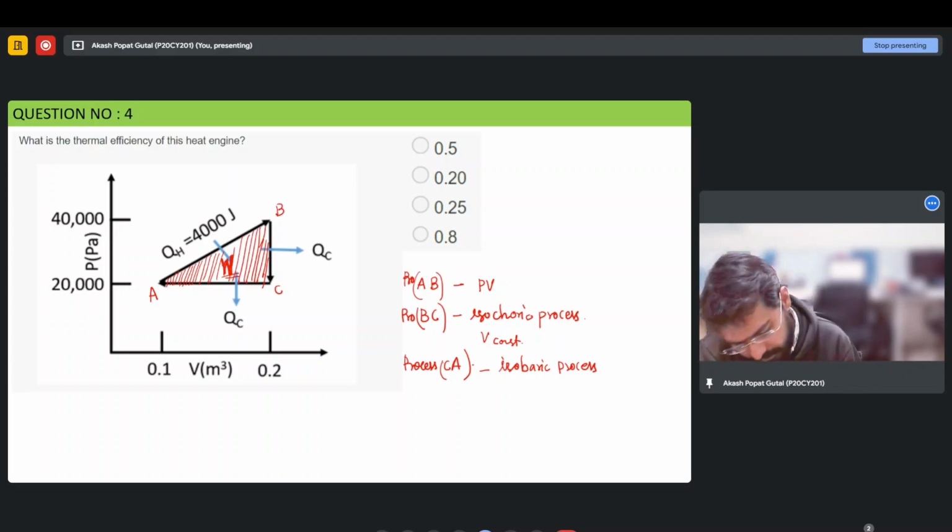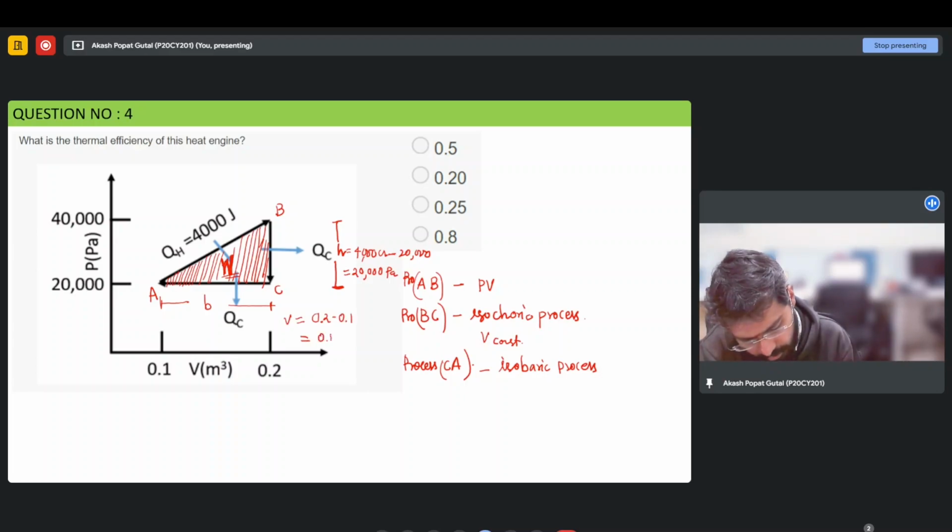So we have a triangle which has its height and its base. What is the height? Height is nothing but 40,000 minus 20,000, which is 20,000 Pascal. And the base is 0.2 minus 0.1, 0.1 meter cube.